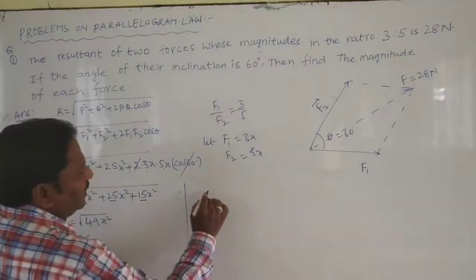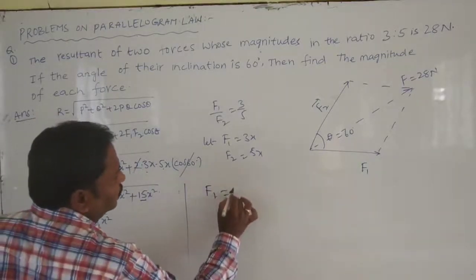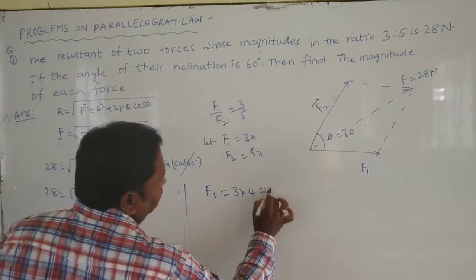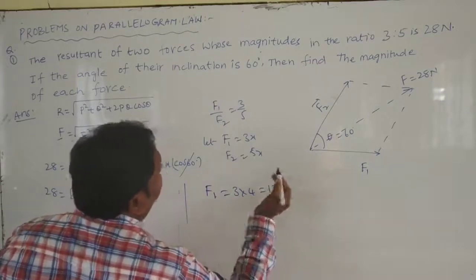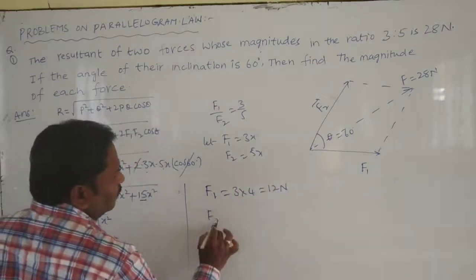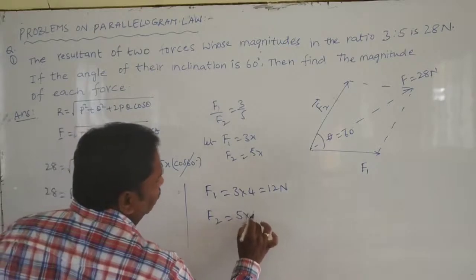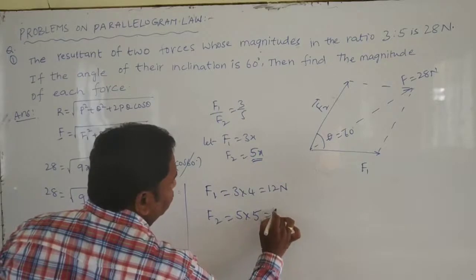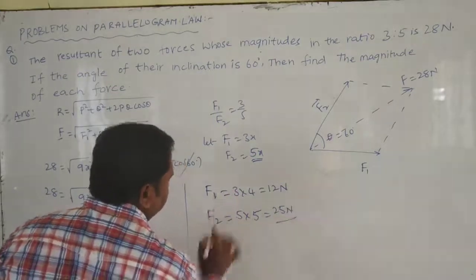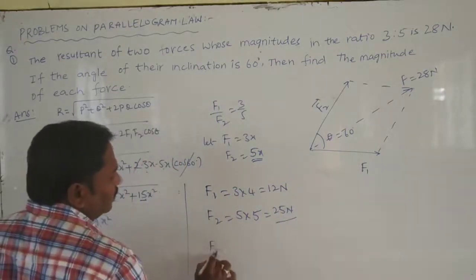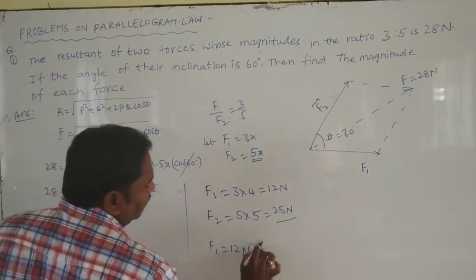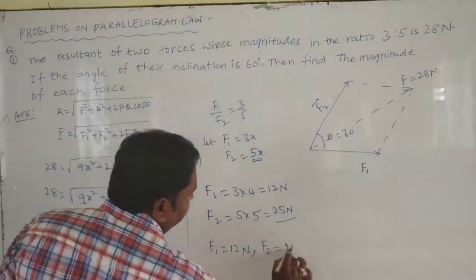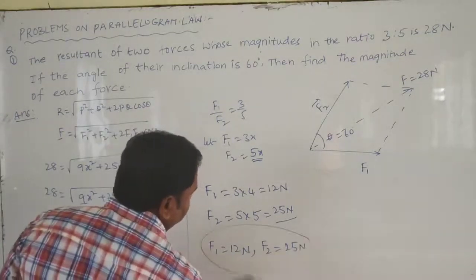Now what are the forces? F1 equals 3 into 4, which equals 12 newtons. F2 equals 5 into 5x, this equals 25 units. So F1 equals 12 newtons, F2 equals 25 newtons.